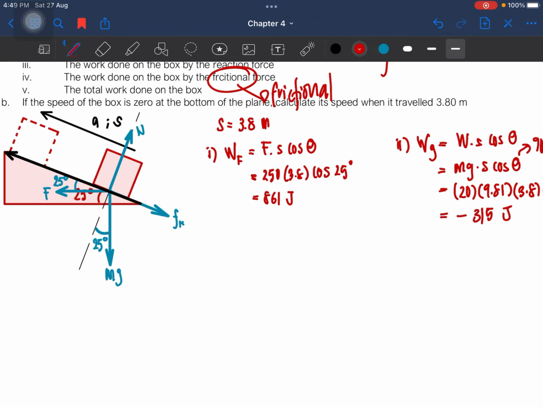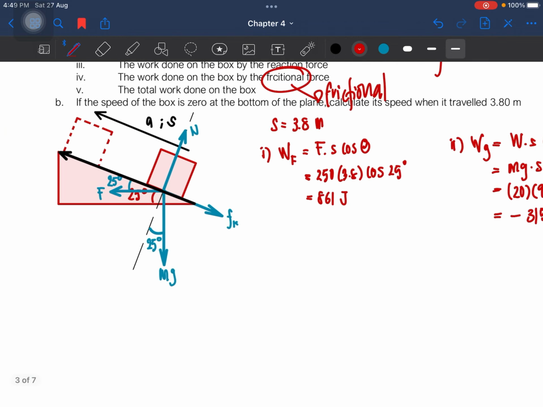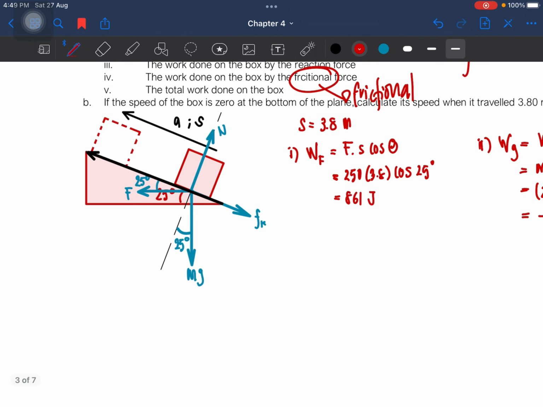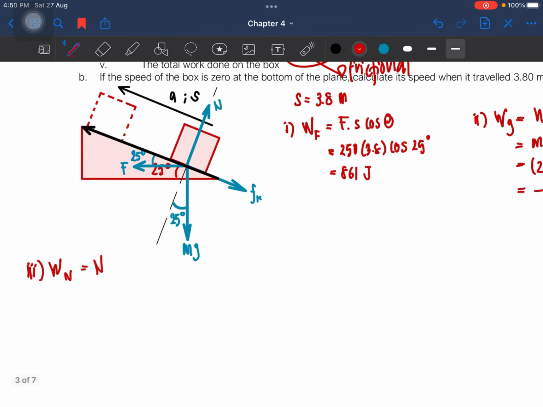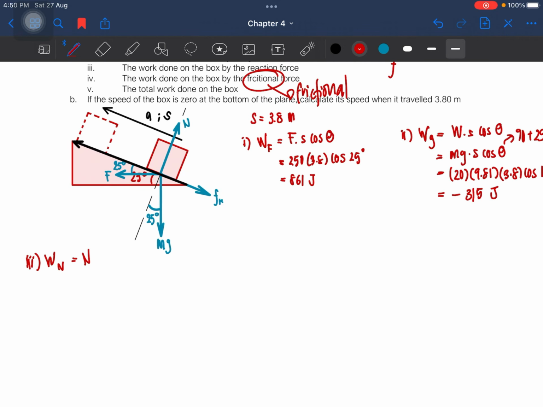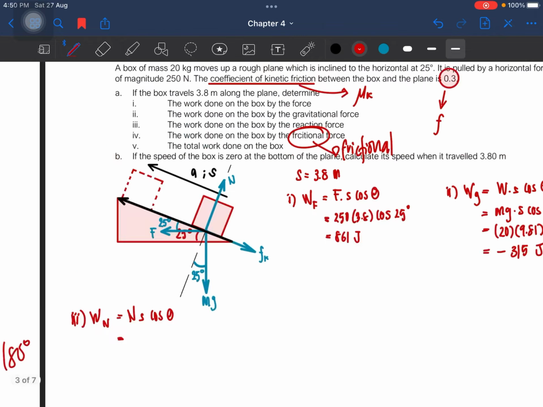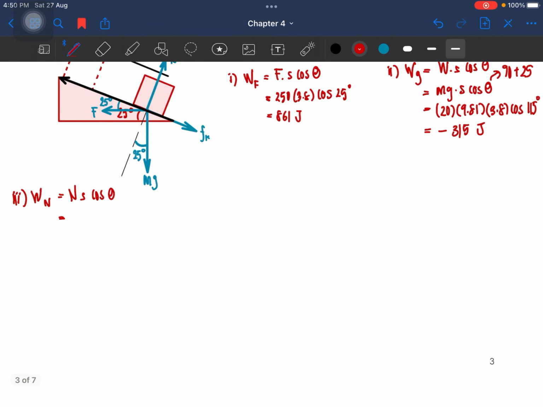Alright, so question 3, we have to calculate the work done by the reaction force. The reaction force is N. So the work done by the reaction force is equal to N s cos theta. What is the value of theta?